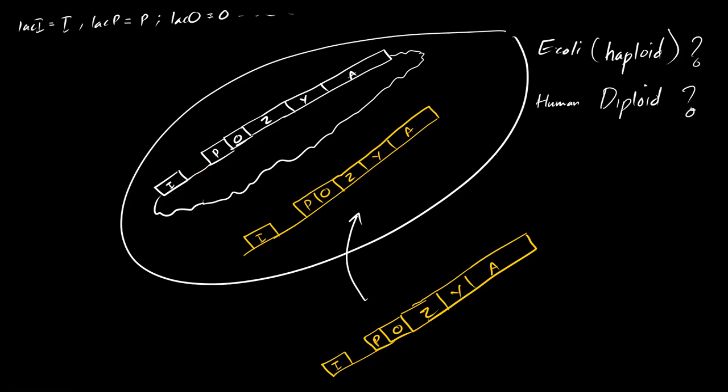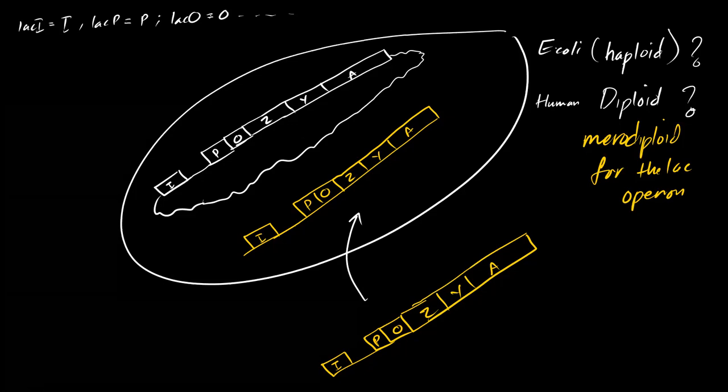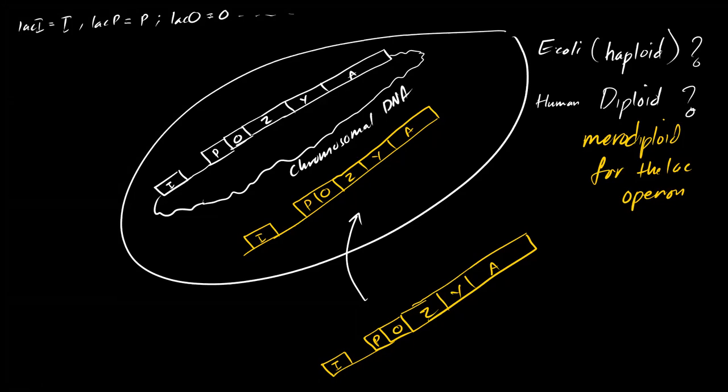So now the E. coli is haploid for the lac operon, but now it is called not diploid, but merodiploid for just the lac operon. So we did not insert any other genes. So this is just the chromosomal DNA of the bacteria, just one chromosome.